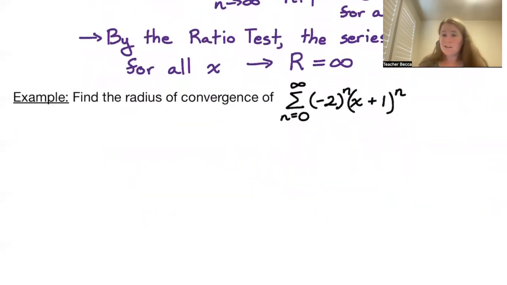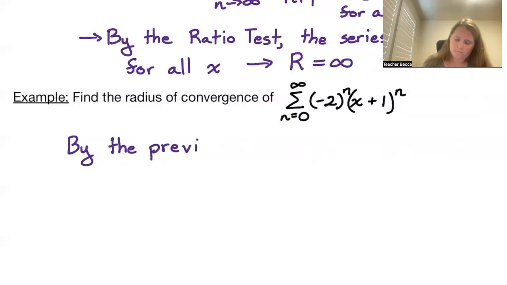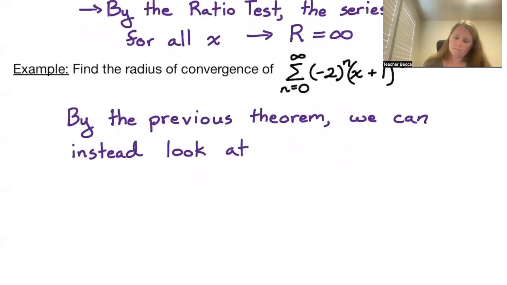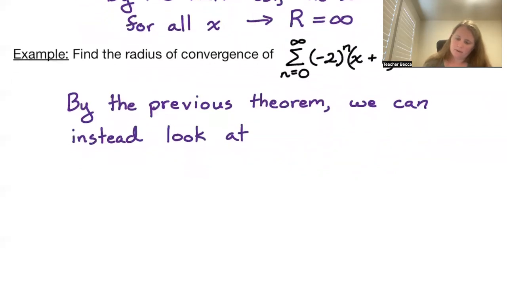So again, by the previous theorem, we can instead look at the sum from n equals 0 to infinity of 2 to the n, taking absolute value, times the absolute value of x plus 1 to the n.